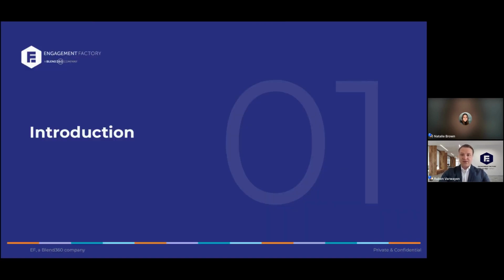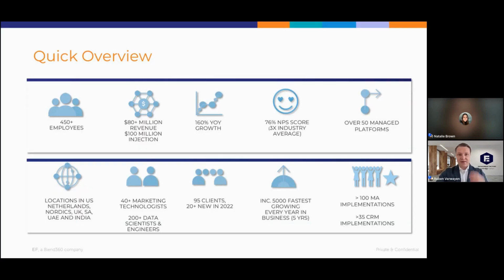So first, the introduction. We are Engagement Factory, a Blend 360 company. We are a company consisting of 450 employees. Here are some facts about the company. What we are most proud of is the 76 NPS score, which is 3 times the industry average.